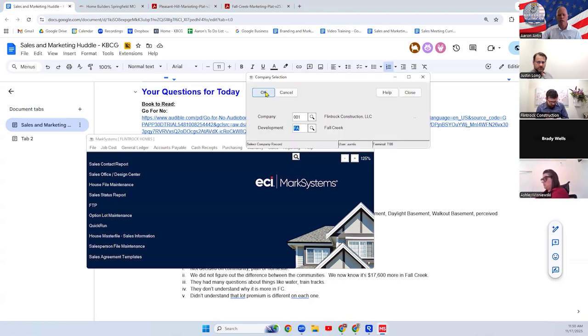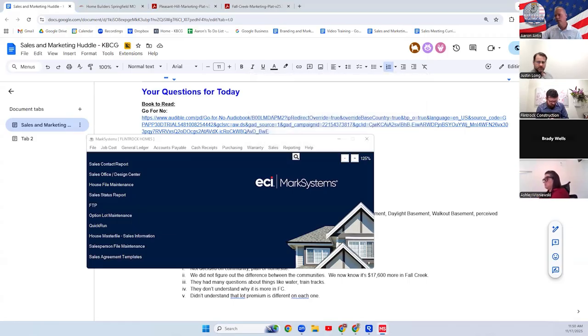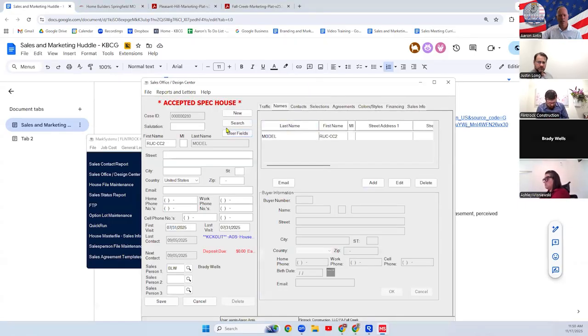Here's Fall Creek, hitting yes to Fall Creek. It's going to open up. Going to go to my test subject, known as Aaron Test. Going to search for my test subject.